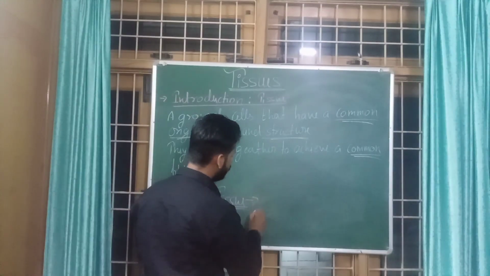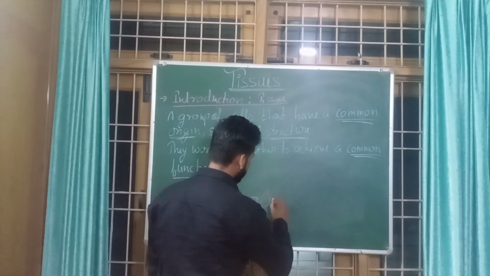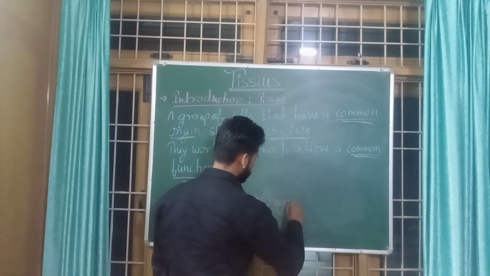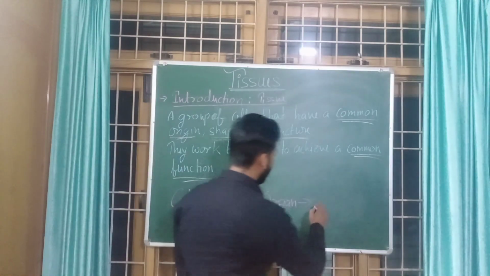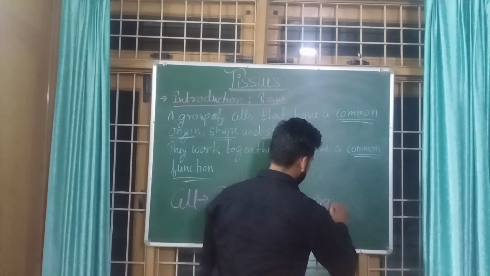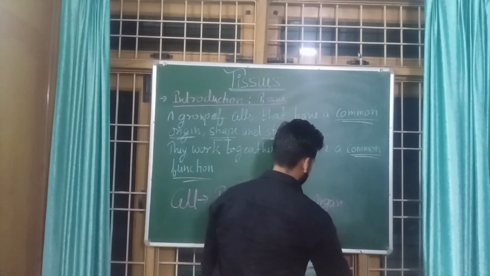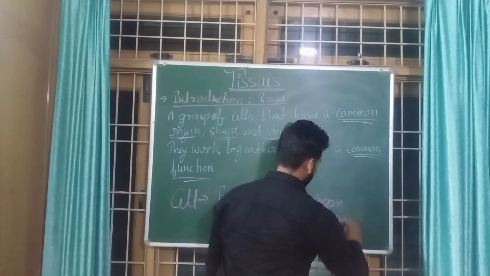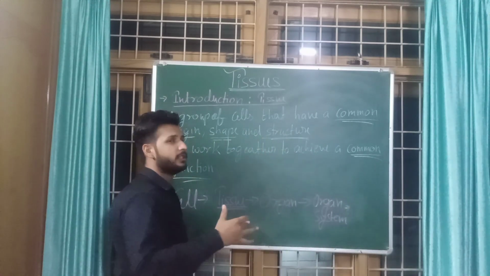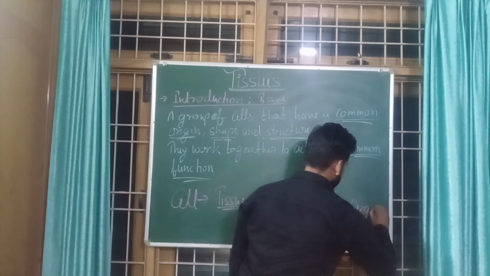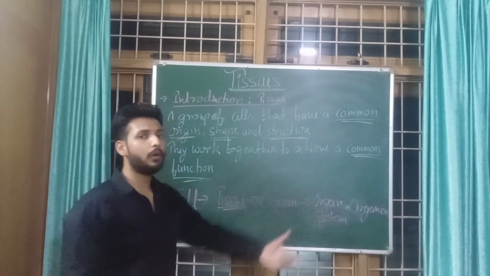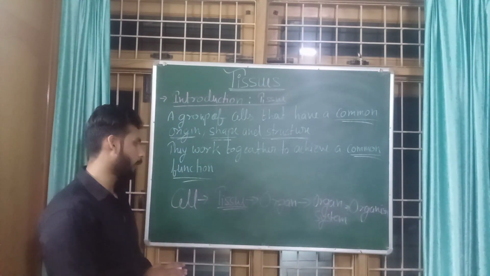And here tissue combines to form an organ and organs combine to form an organ system and different organ systems combine to form an organism. So this is how our organism is made up.